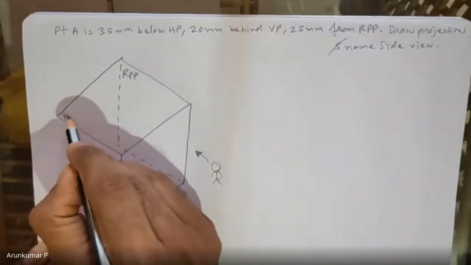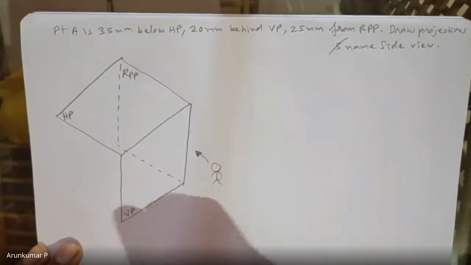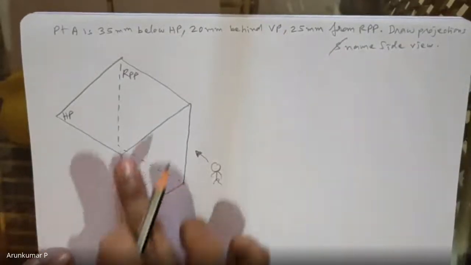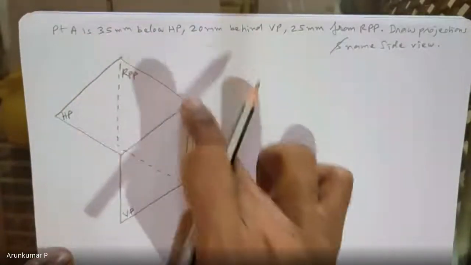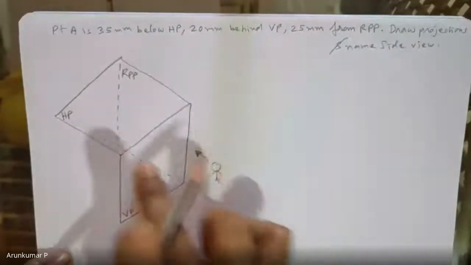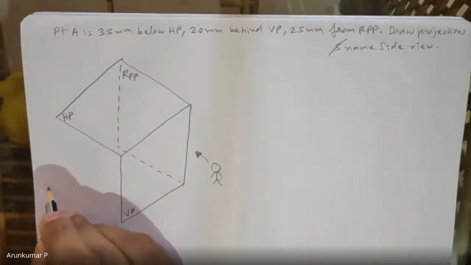This is the horizontal plane HP, and this is the vertical plane VP. So VP, HP, RPP. This is the arrangement of planes in the third quadrant.